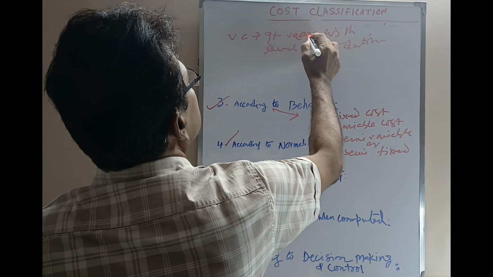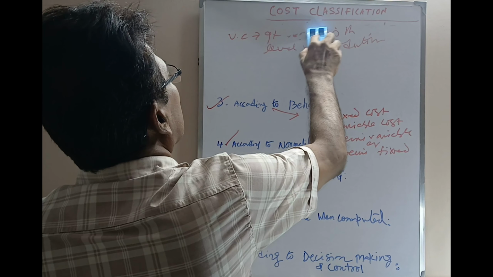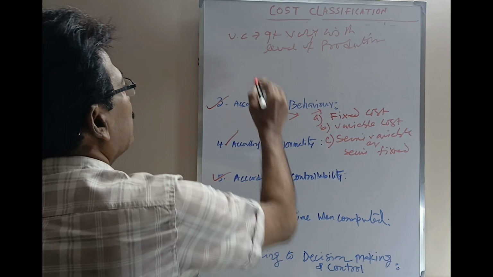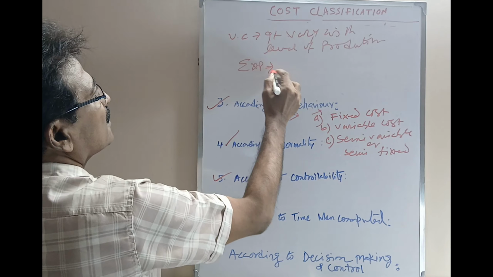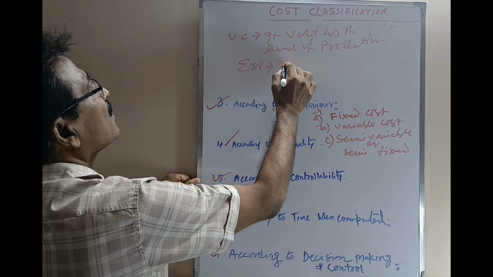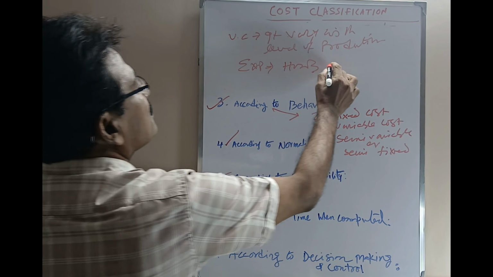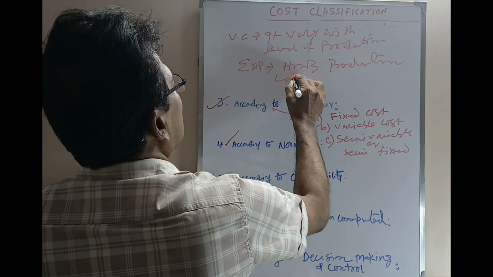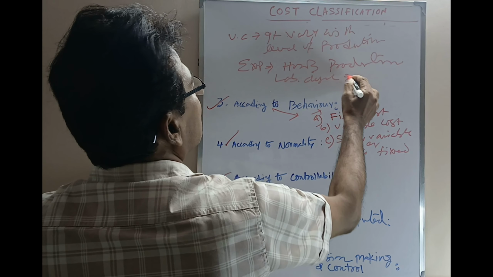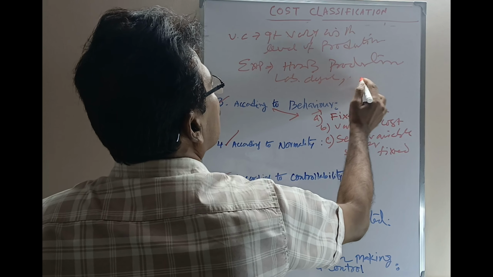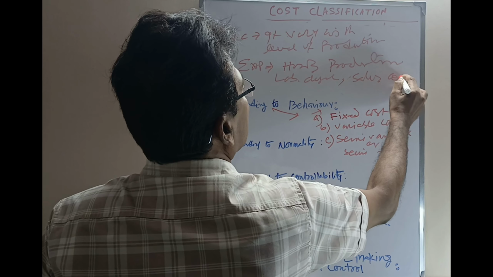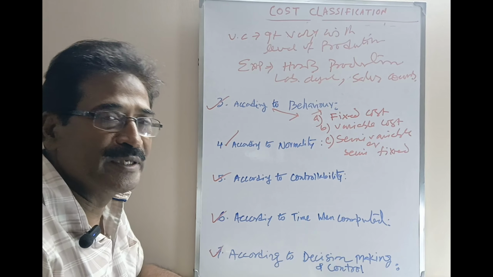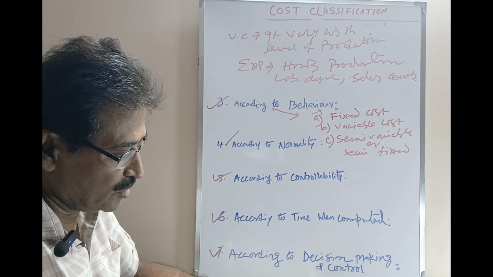Examples of variable cost: hourly production labor charge, sales commission, raw material cost, direct expense cost.